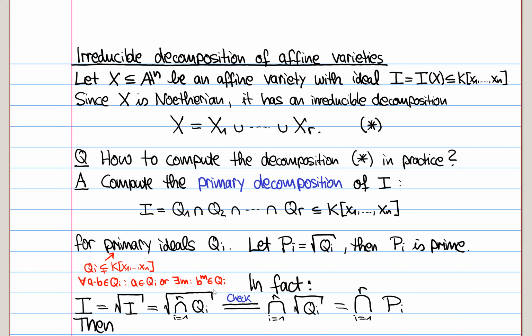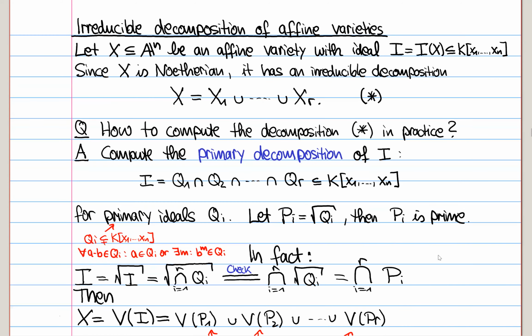And from this definition, what you can see is that if you have a primary ideal Q and you take its radical, then that radical becomes a prime ideal. So in other words, we also get from this primary decomposition a collection Pi of prime ideals.